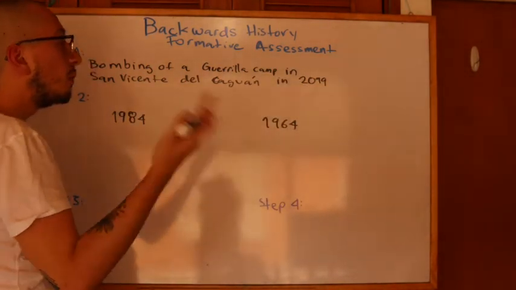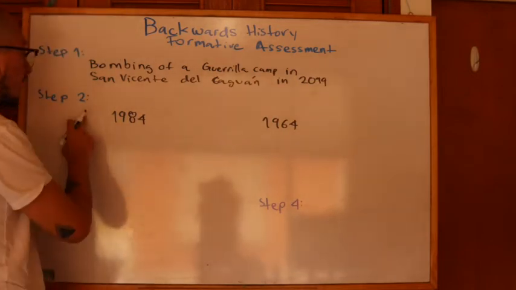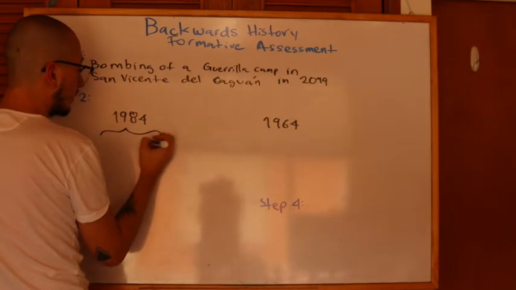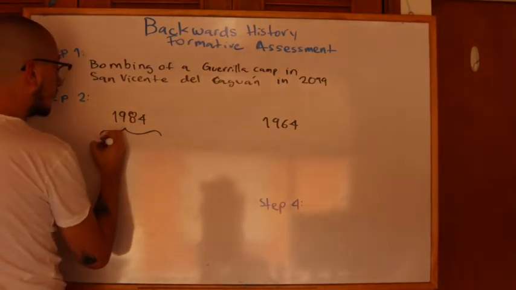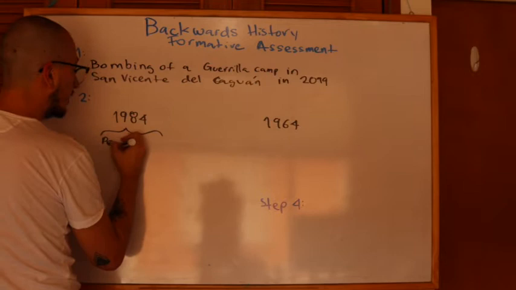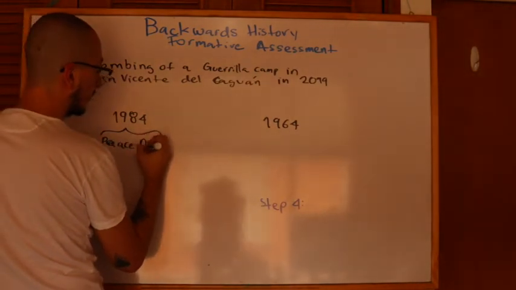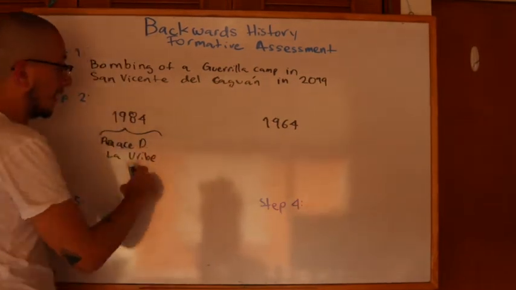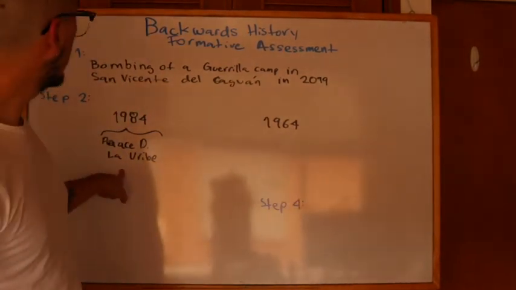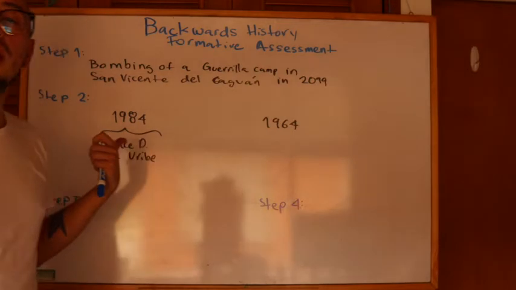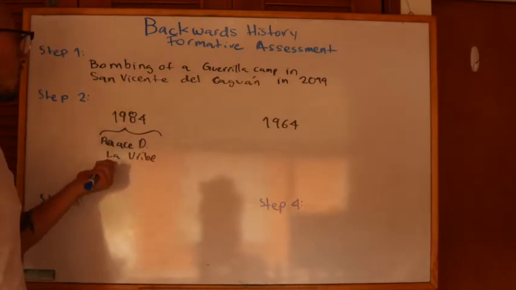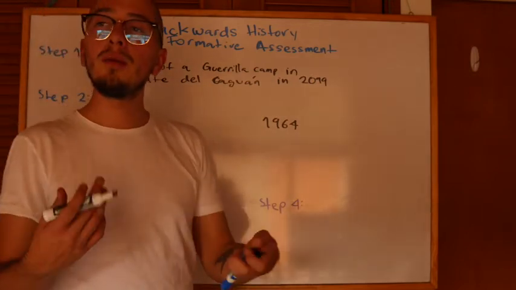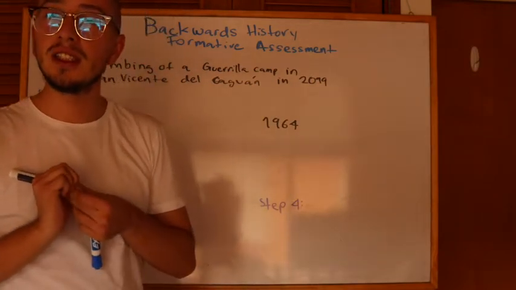So let's go back a little bit and let's start with step 2. And let's go to 1984. The event of 1984 was the peace dialogues of La Uribe. And this event was about the moment where the FARC revolutionary armed group sat down with the government and tried to come up with a solution for the armed conflict.